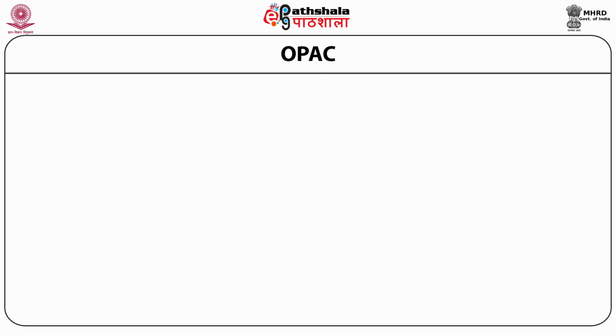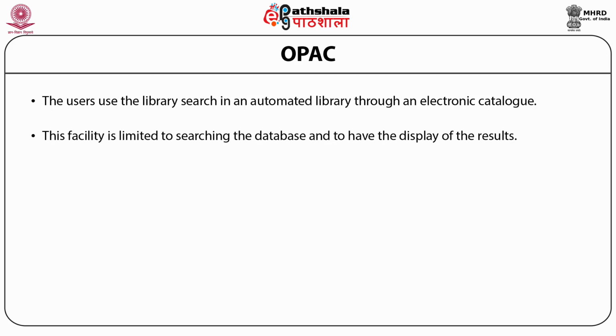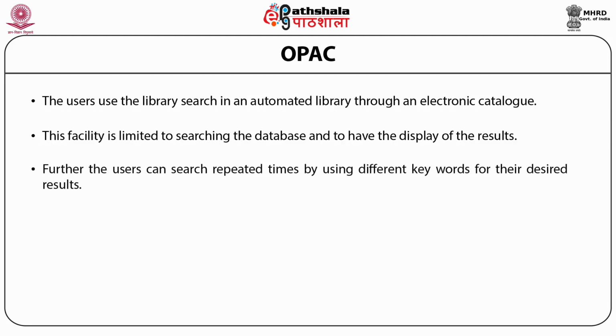So a little bit about OPAC, because OPAC is a very important and integral part from the user's point of view while they search the library holdings, materials or collections. In OPAC, the users search the library in an automated library through an electronic catalog. This facility is limited to searching the database and displaying the results. Further, the users can search repeated times by using different keywords for their desired results.